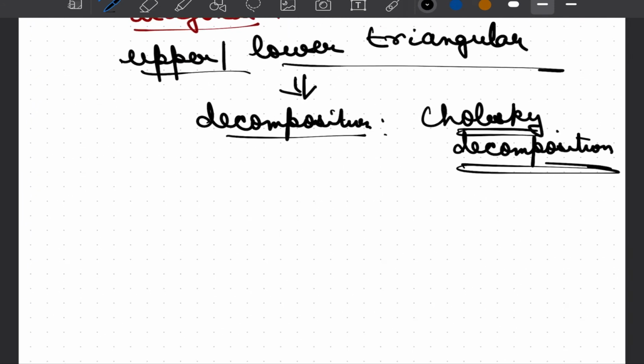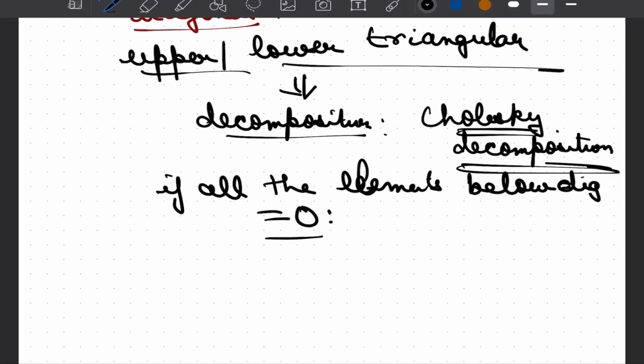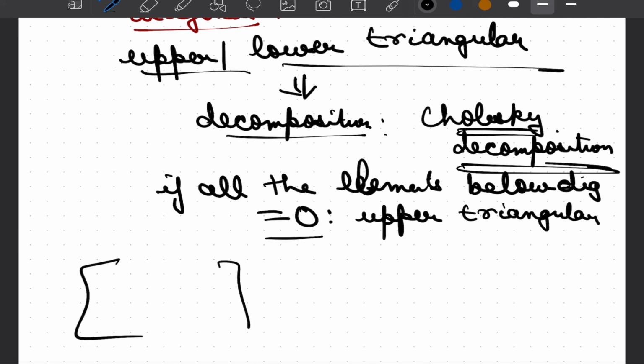But in the case of upper and lower triangular matrices, we say that if all the elements below the diagonal are equal to 0, we are essentially talking about an upper triangular matrix. It is triangular because imagine that we have a matrix with all zeros here, and here we can identify a triangle where there is nothing, everything is null, and there are some values stored here.